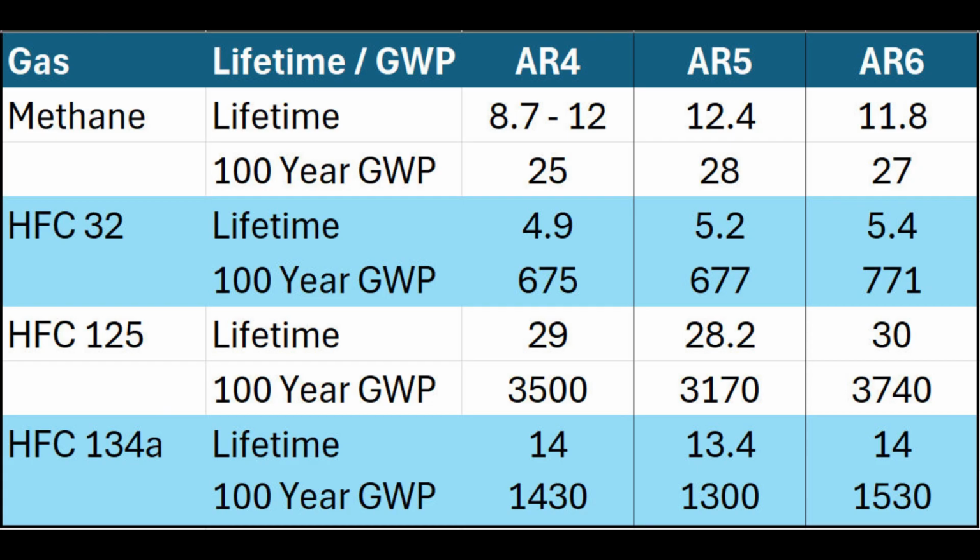Since GWP calculations depend heavily upon the atmospheric life of a greenhouse gas, small changes in atmospheric life estimates can produce different GWP calculations. Note the correlation between the changes in the different gas lifetimes and the changes in their GWP calculations. When the atmospheric life estimate is increased, the GWP calculation also increases.